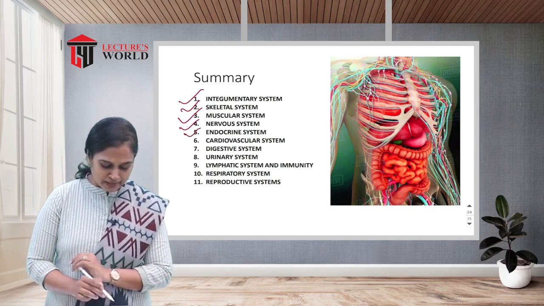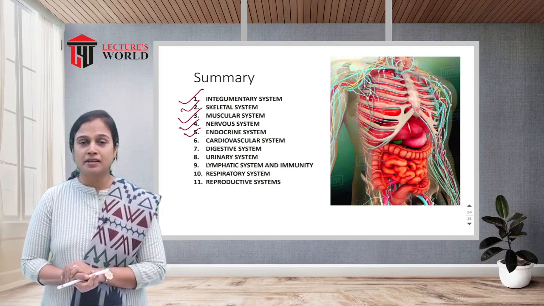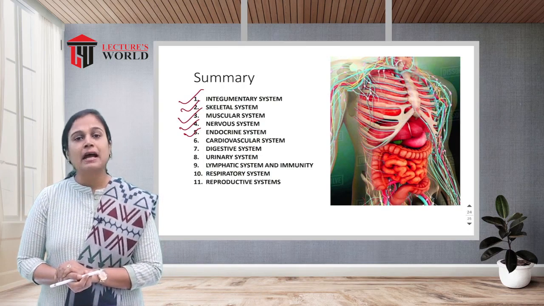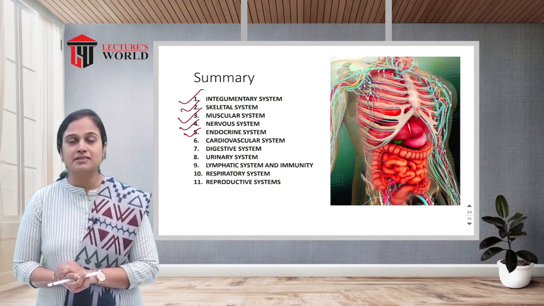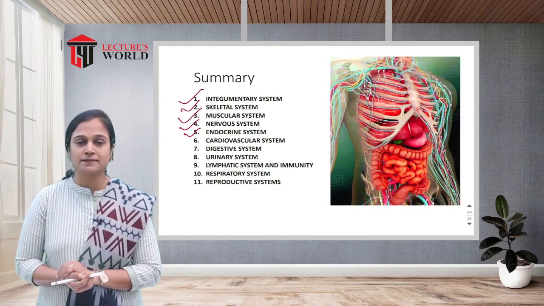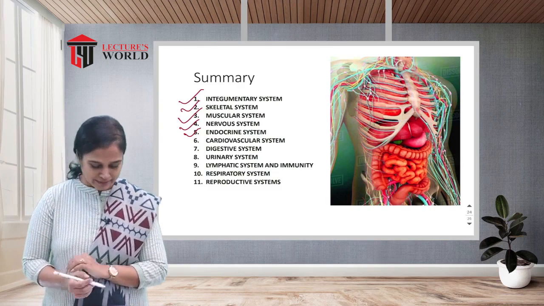Then the endocrine system. The endocrine system consists of different glands like the pineal gland, pituitary gland, thymus gland, parathyroid gland, thyroid gland, pancreas, and the adrenal gland, then the testes and the ovary in female. These glands are responsible for the secretion of hormones, which regulate certain body activities.